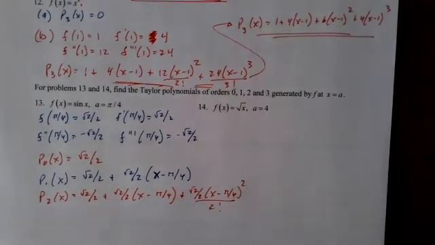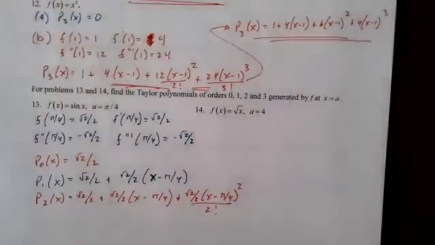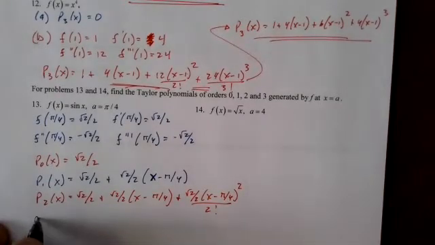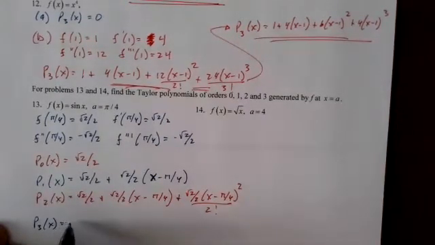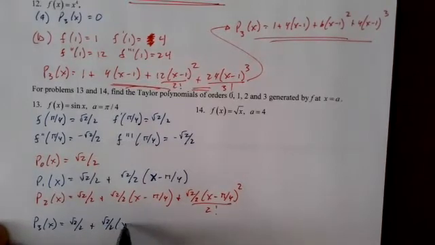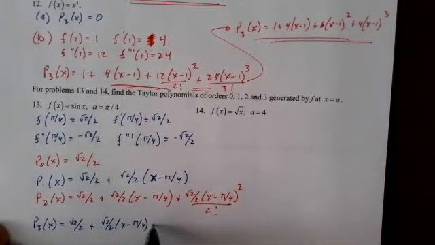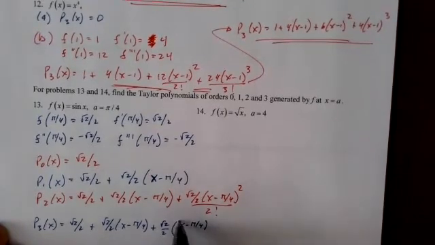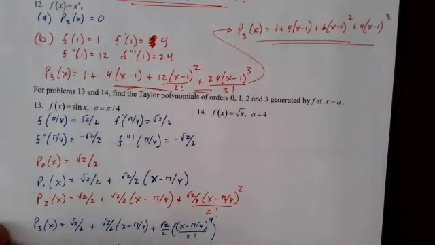Bring this down, just make that 4. Or the third one equals root 2 over 2 plus root 2 over 2 (x minus pi over 4) plus root 2 over 2 (x minus pi over 4) squared over 2 factorial plus root 2 over 2.